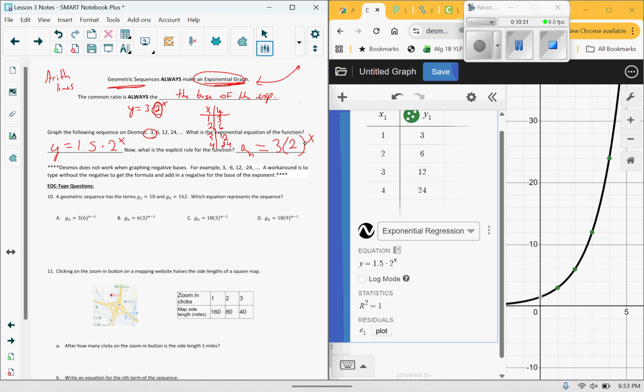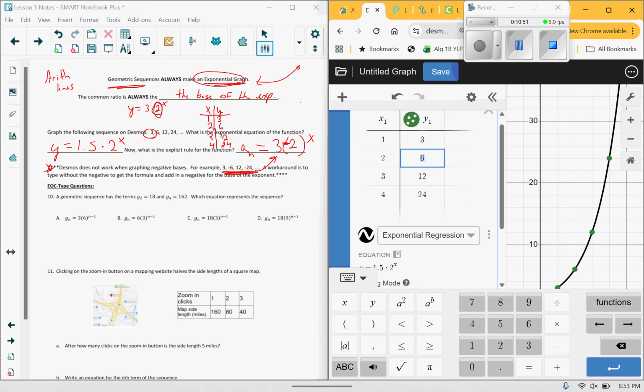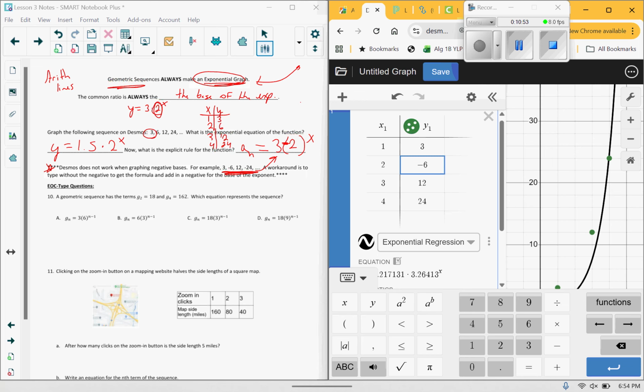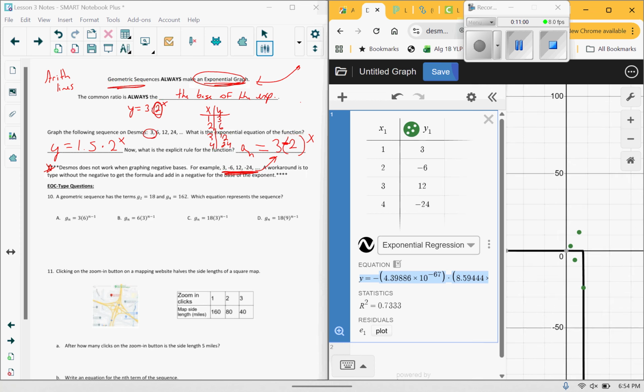Okay, so I want you to look at this. I just want to give you a caveat. If we had something like this, it would be the exact same explicit equation, except this would be a -2. So remember that negative makes it flip-flop back and forth. But if you type this into Desmos, if you did -6 here and -24 here, do you see how it kind of flips out a little bit because you're not following that pattern?